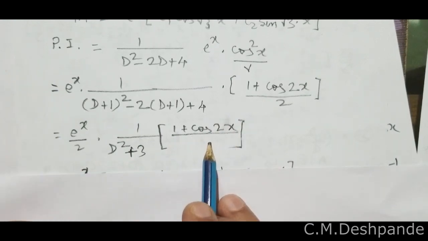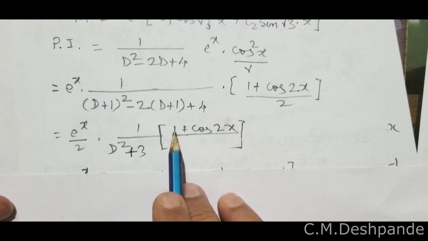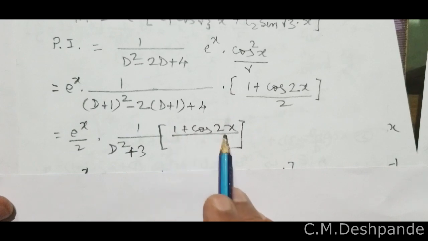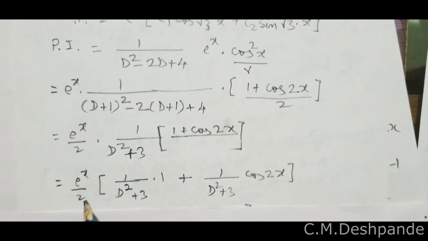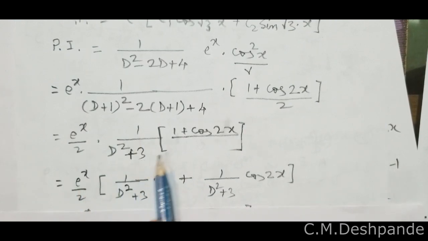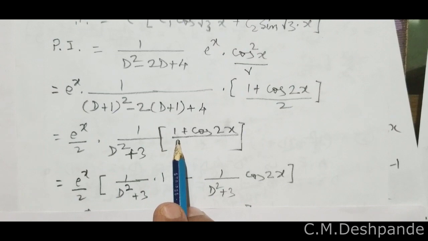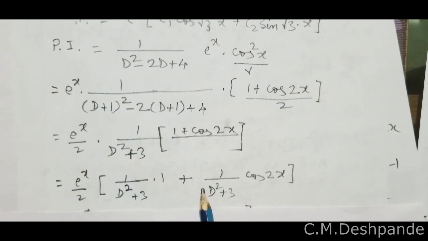To operate on 1, it is expressed in the form of exponential e raised to 0x, and to operate on cosine replace D square by minus 4, so gives e raised to x upon 2, 1 upon D square plus 3 operating on 1 separate, and 1 upon D square plus 3 operating on cos of 2x separate.